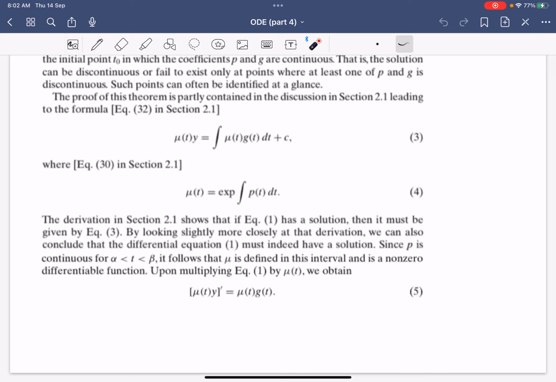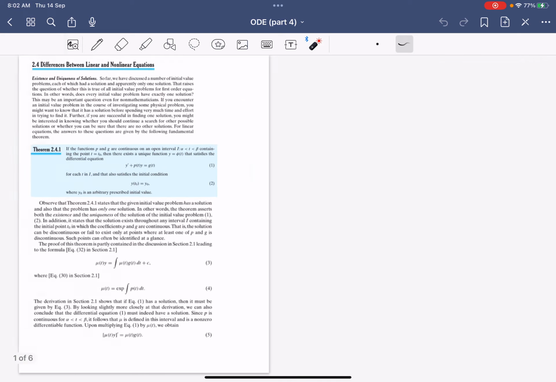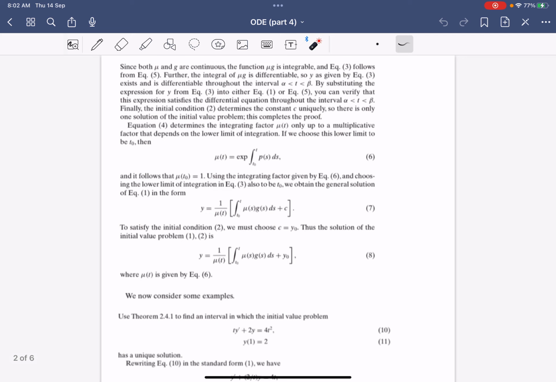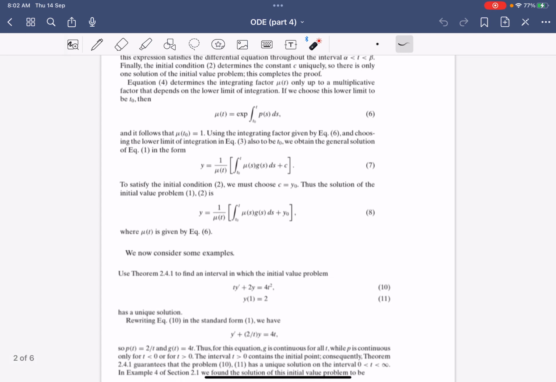So this way of solving it just explicitly proves that there will be a unique solution. If you look at the proof, it's really about just using the integrating factor and verifying that the expression still remains the solution to the IVP or ODE.